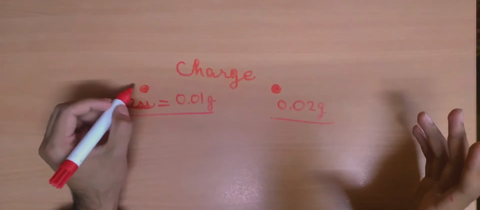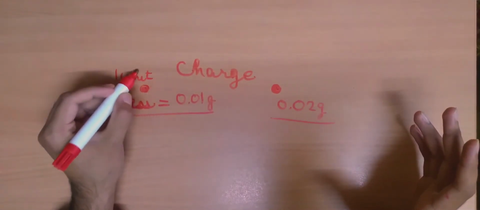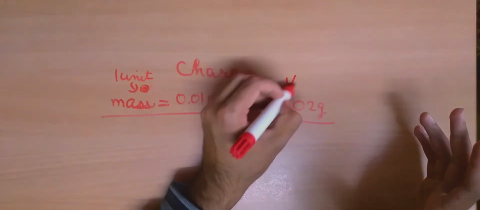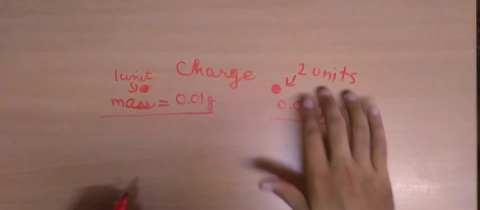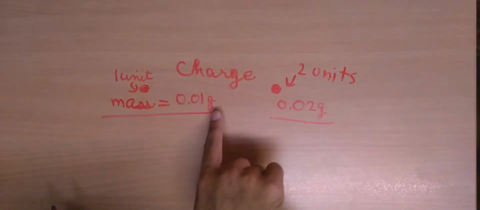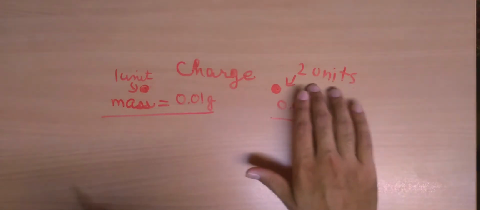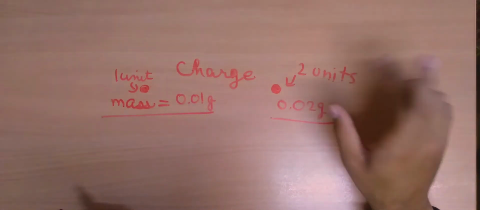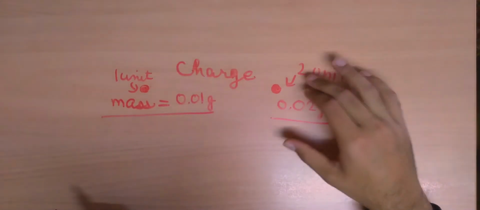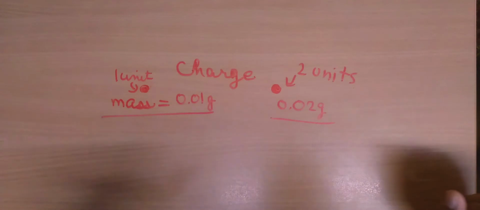Let's say this particle can have 1 unit of charge, and this particle can have 2 units of charge. Now what are the exact units? Like the units of mass can be grams, kilograms and all. So we'll get into that. I don't think we need to get into the unit of charge right now, but the basic idea is charge is another property of particles.